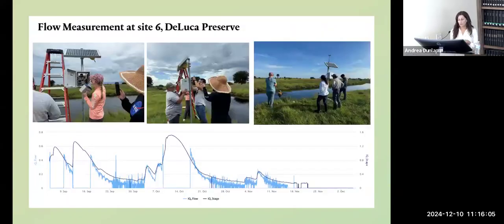On site 6, we started to get the flow data at the beginning of September. This is a plot from our flow meter that I'm sharing here with you. If you look at the stage, you can see we have captured all the hurricanes, including Hurricane Helene.